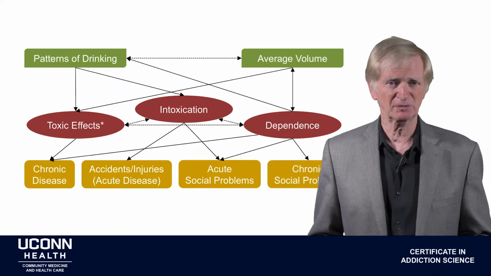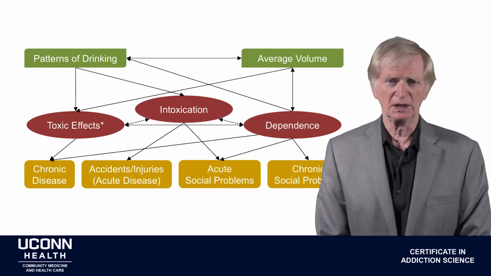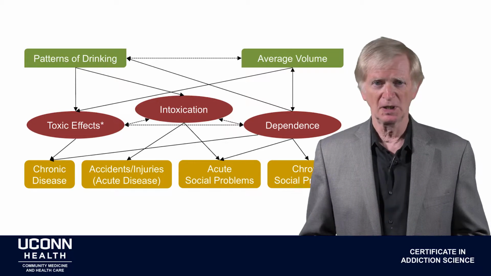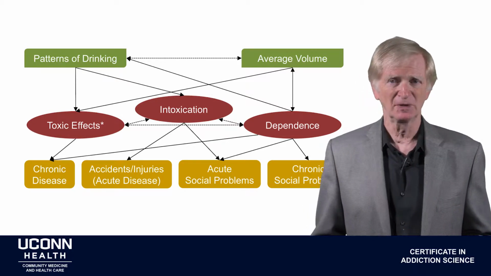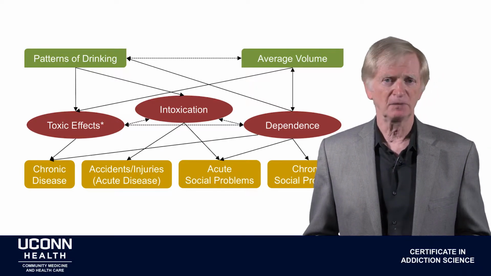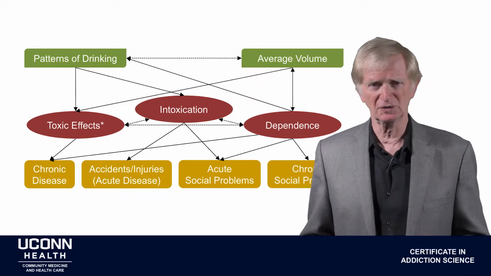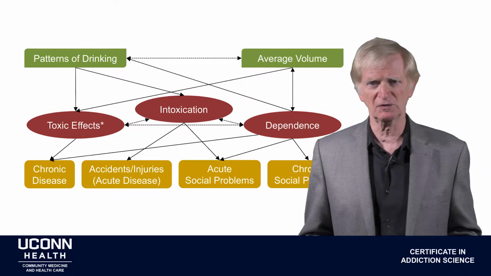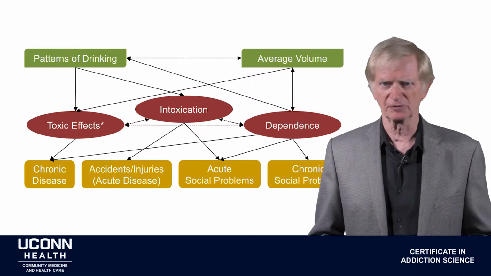The type of substance makes a big difference too, because substances differ in their psychoactive properties as well as their dependence potential. And when you combine the type of substance and the pattern, you can begin to explain why different people using different drugs experience different types of problems, whether it's chronic diseases or accidents and injuries or social problems.